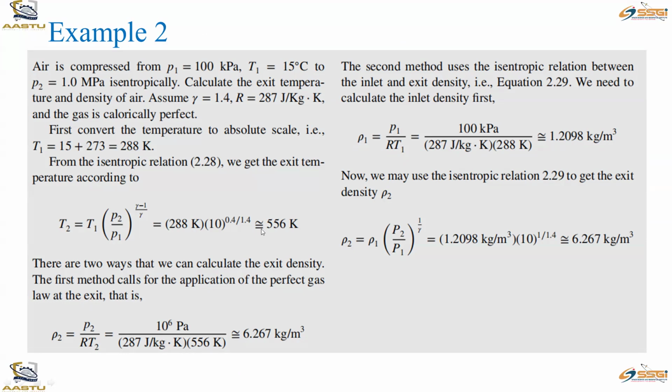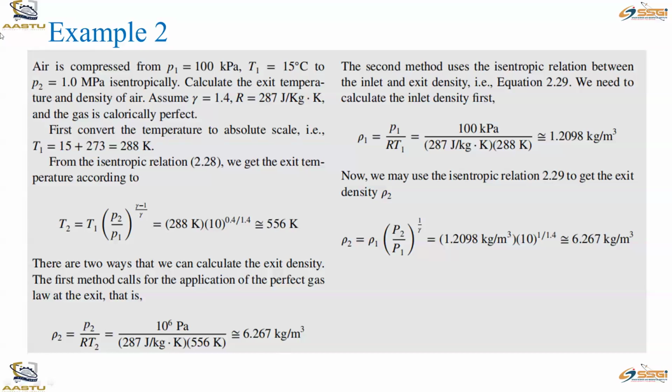It is actually not as such difficult. Anyways, air is compressed from P1 of 100 kilopascal, T1 of 50 degrees centigrade, and P2 is 1 megapascal. 1 megapascal means what? 1000 kilopascal, right?